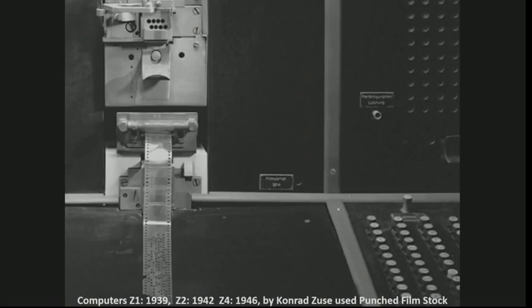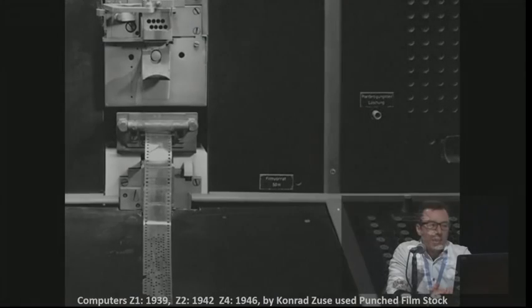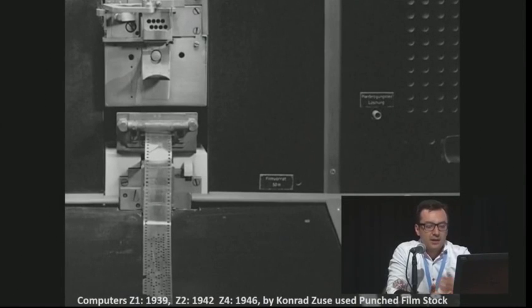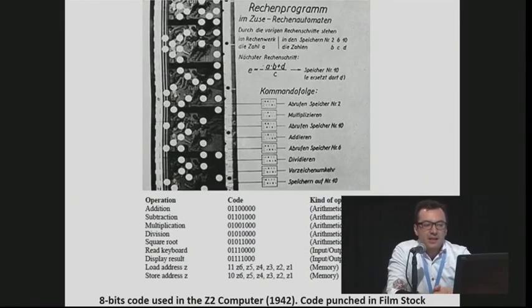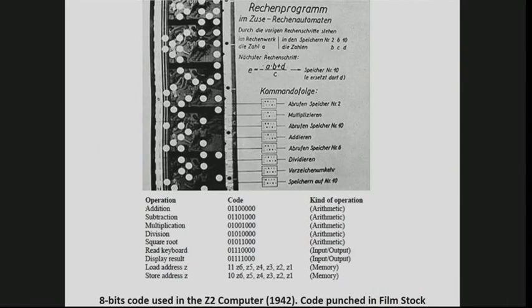Six years ago, when I went to my first RE conference in Melbourne, I had the opportunity to speak about this artifact, one of the first computers made in Germany in 1942 by Konrad Zuse. I was quite intrigued by the fact that he used a punch film stock to store the data of his computer.